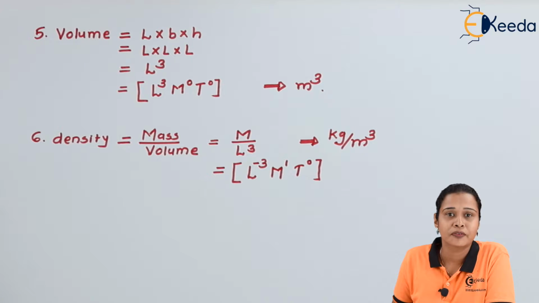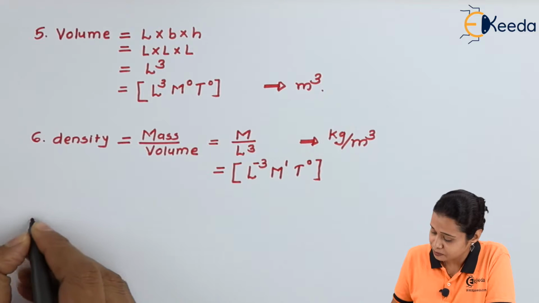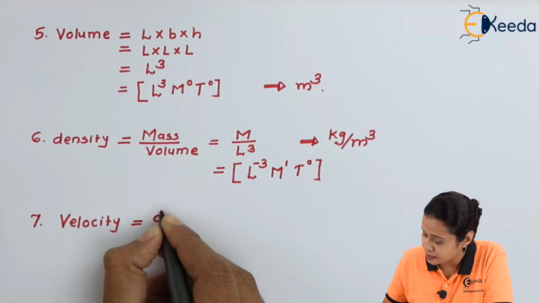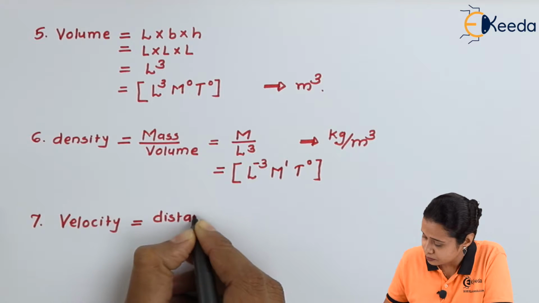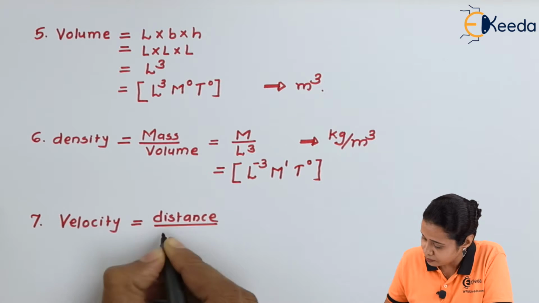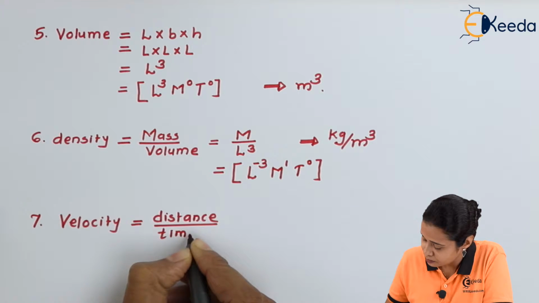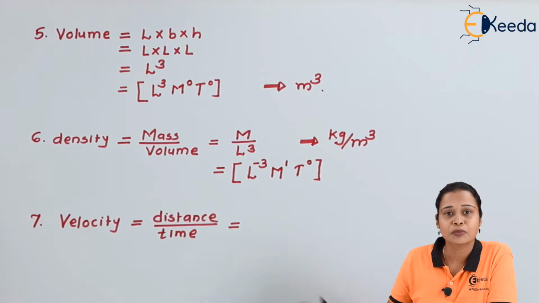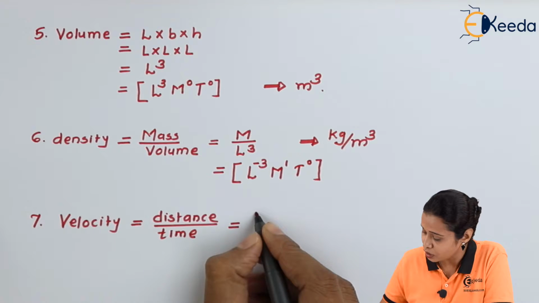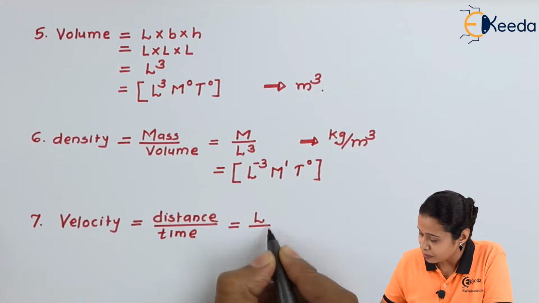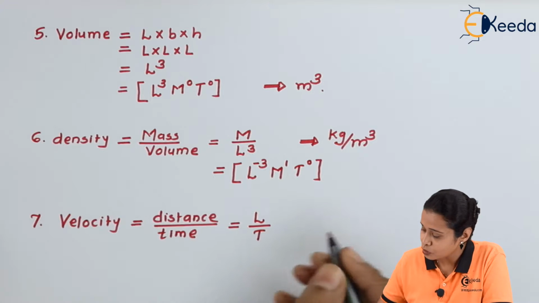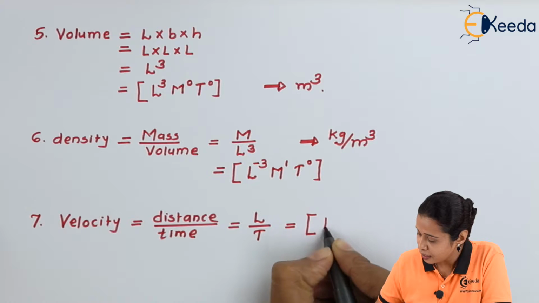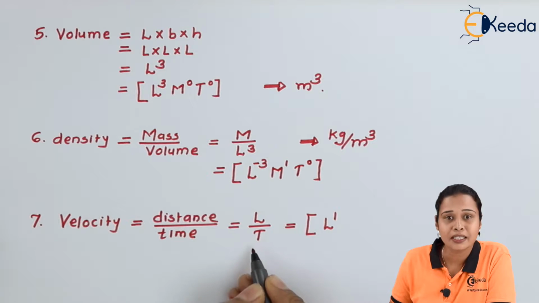Next physical quantity we will take, that is a velocity. We know velocity is distance per unit time. So here we'll express distance in terms of meters. So here we have a quantity, that is a length, and time means here we have a T. So if you want to write down the dimensions, here dimensions are L1, T is in the denominator.